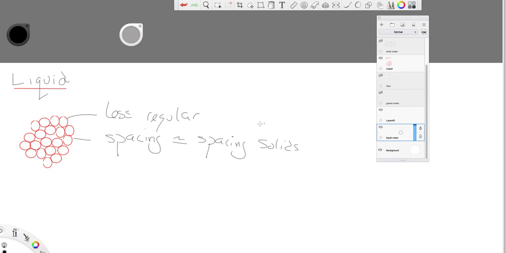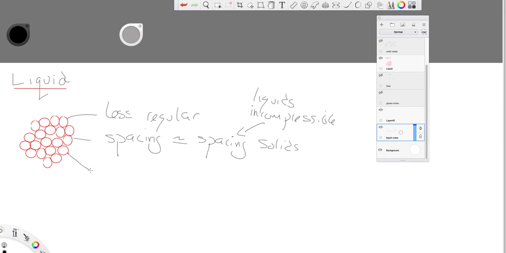Now that means liquids are also incompressible, because the atoms or molecules in your liquid are also touching, and so just like a solid, you can't squeeze your liquid. So you have less regular arrangement. The spacing is about the same as the spacing in a solid. That means liquids are incompressible just like solids.